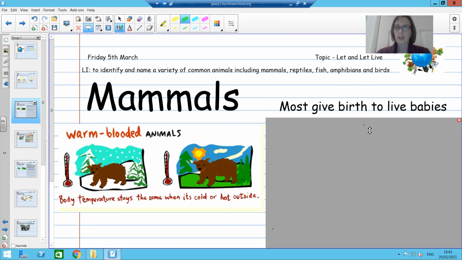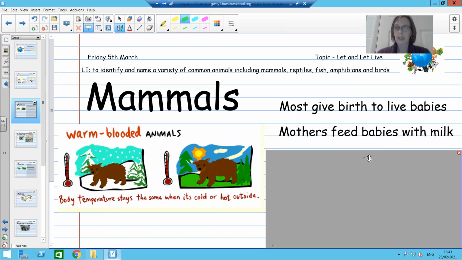Okay, other things that define whether something is a mammal. Most mammals give birth to live babies. So if you've ever been to a farm and you see a sheep and then it gives birth to a baby lamb, a few seconds later, that lamb is up and running around, isn't it? Mothers feed their babies with milk.